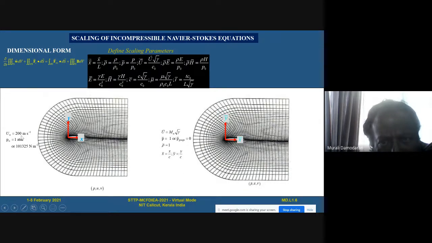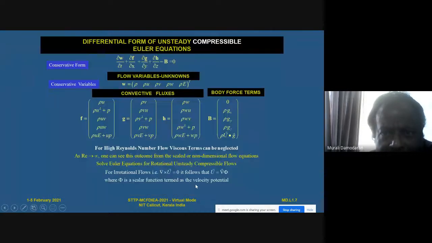So 200 divided by the speed of sound will give me the Mach number, and then I have to multiply by the square root of gamma, depending on what I'm choosing, and according to that you will specify it here. The choice is yours, all right? So for the differential form of the compressible flow, if I'm looking at the Euler equations, I can throw away the viscous terms.